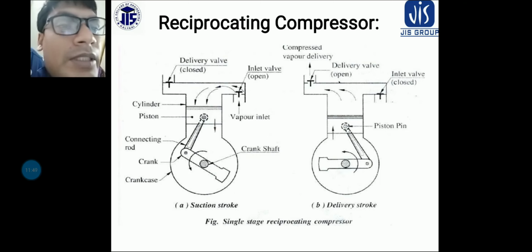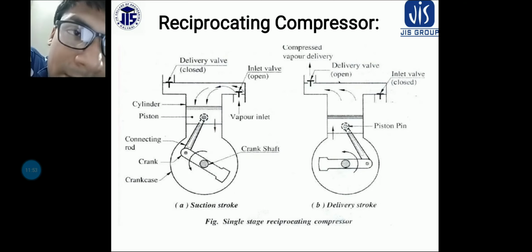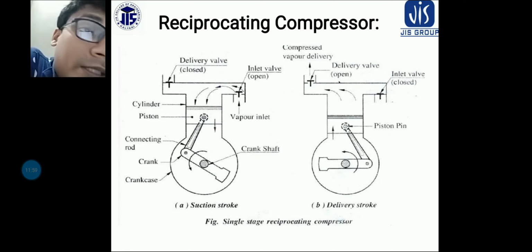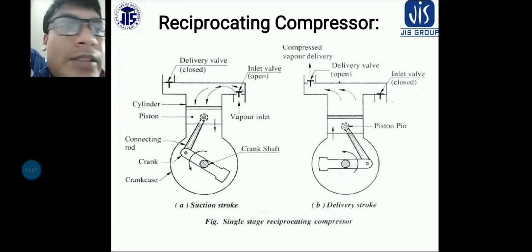Okay, so this is the main funda of how the temperature is increased. As we know that the piston is moving upward and the space is confined, the volume is decreasing and the pressure and temperature are increasing.